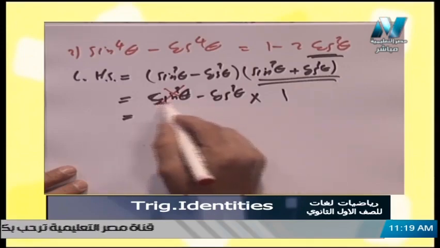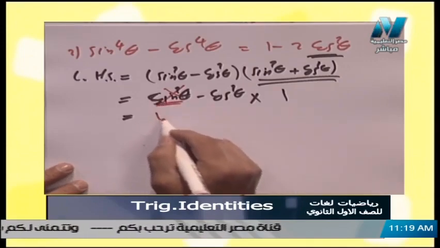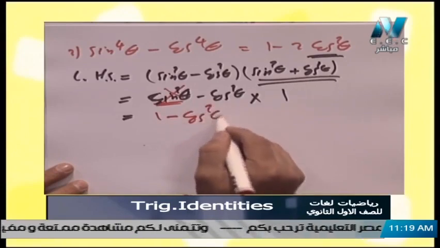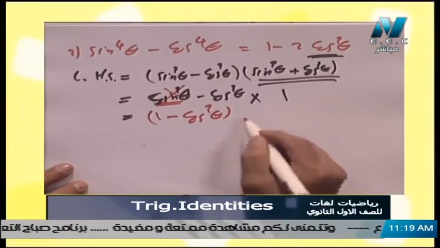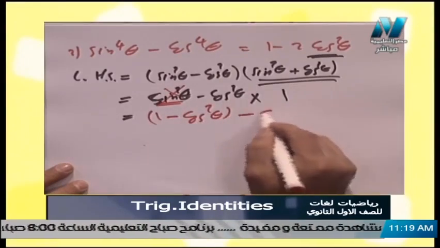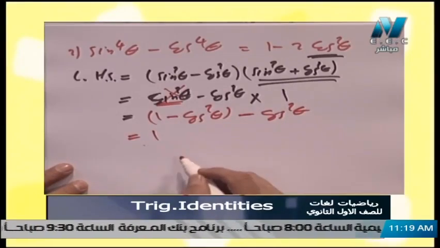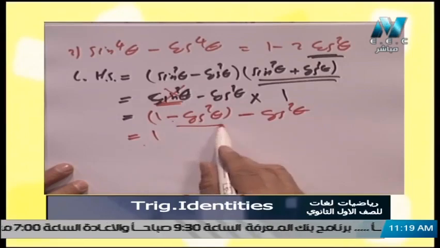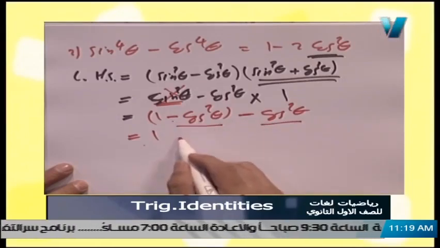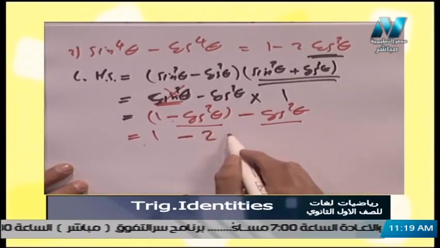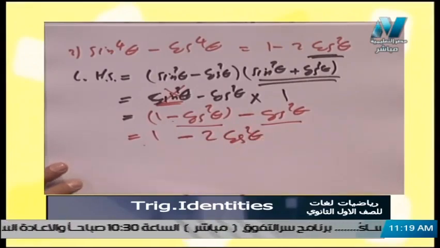We can substitute sine power 2 theta by 1 minus cosine power 2 theta, minus cosine power 2 theta as it is. So we have here 1 minus cosine and minus cosine. We can say minus 2 cosine power 2 theta.